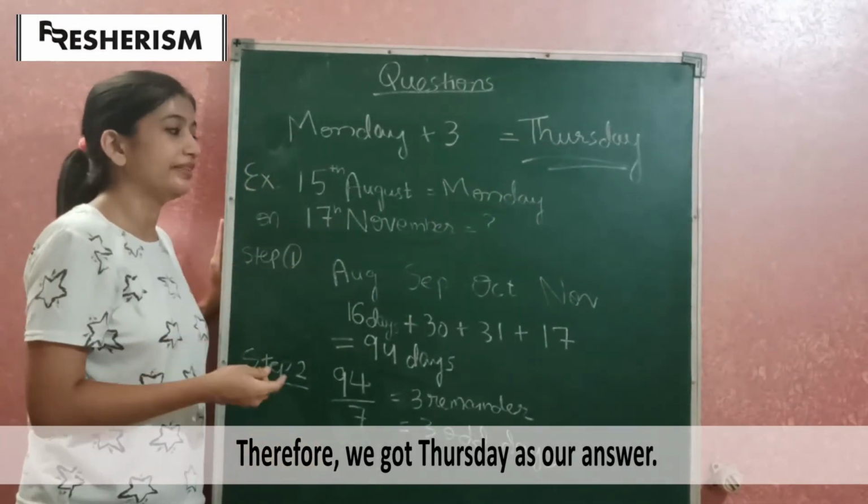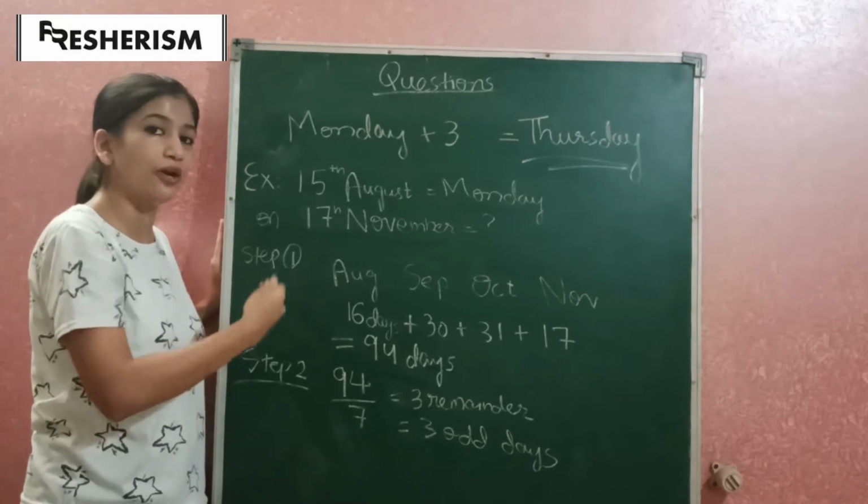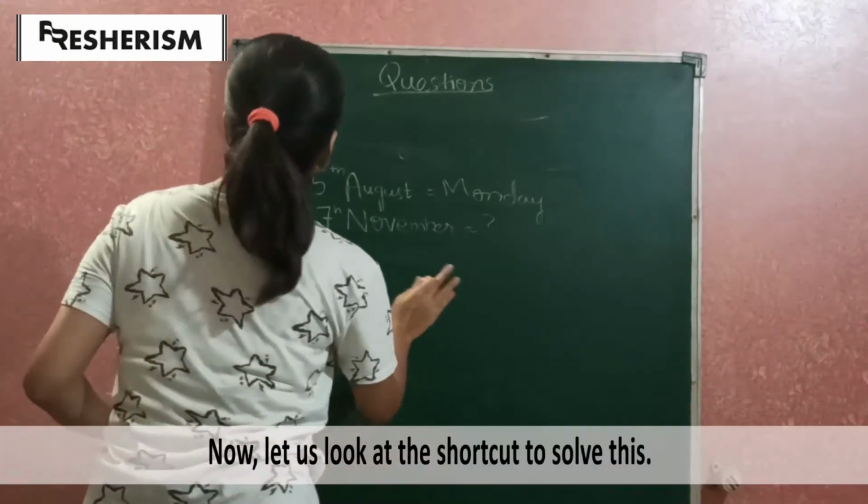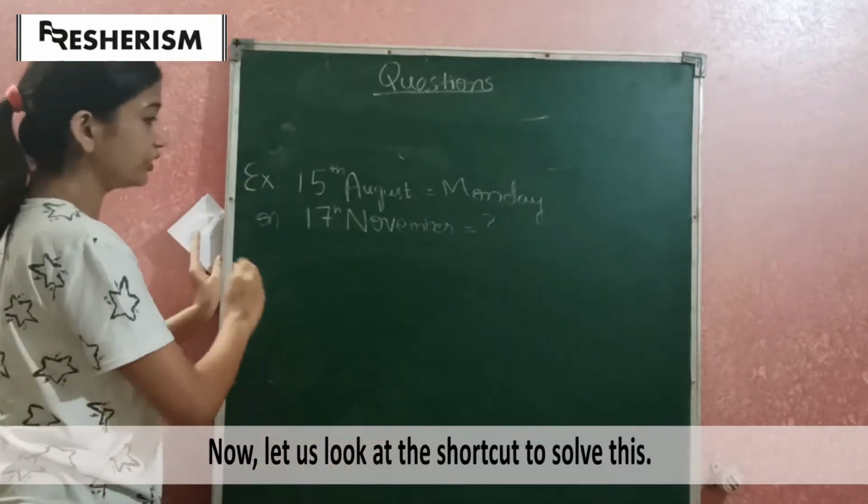You might be thinking that this is a long process, where we have to follow each and every step. So there is a shortcut. There is an equation to solve this question.